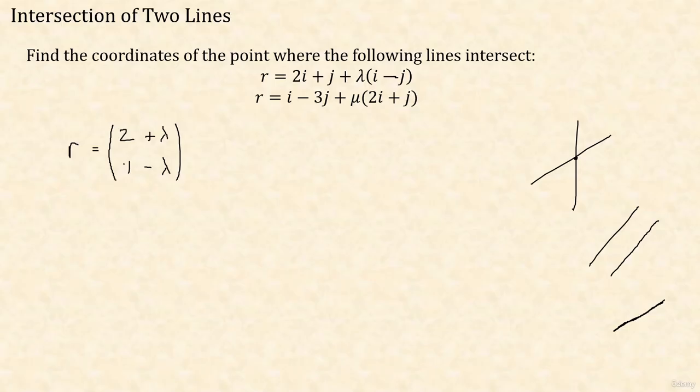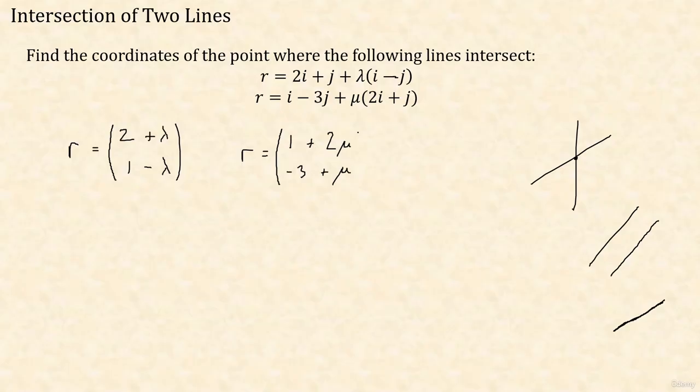So that is an arbitrary point on the first line. I'll do the same for the second. So its i coordinate is i plus mu times 2i, so that is 1 plus 2 mu. And then its j coordinate is -3 plus mu.